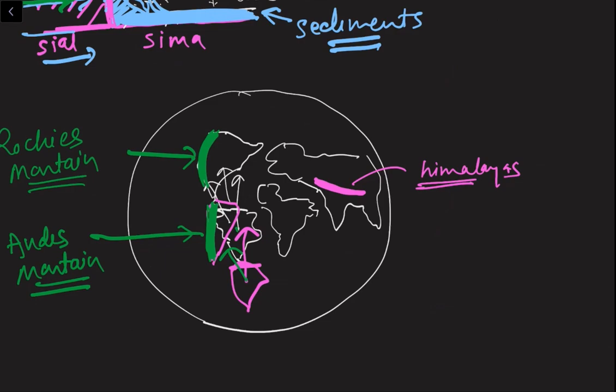Here is Eurasia or Europe, and here is India, the Indian subcontinent, and between them there are the Himalayan mountains. He cannot tell how the Himalayan mountains were formed, because these mountains are in between the land. They are in between the landmass.